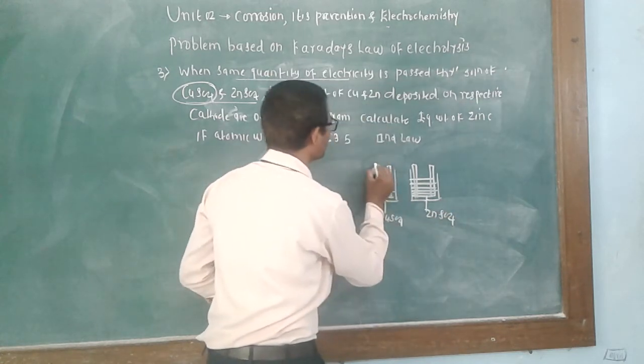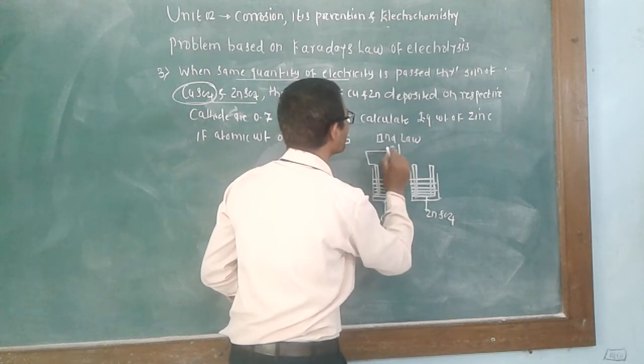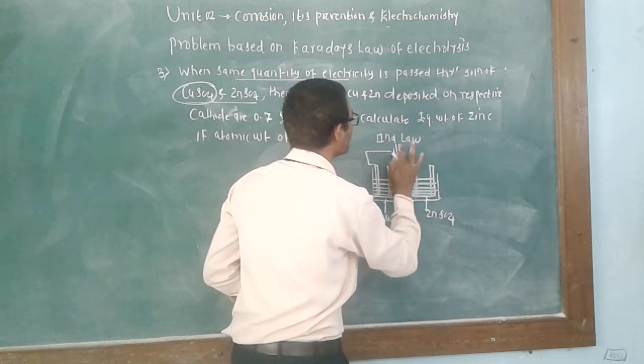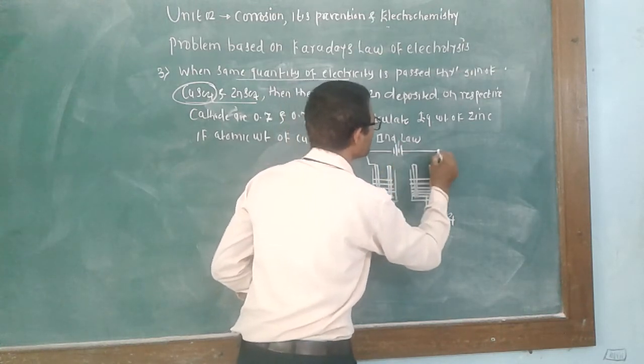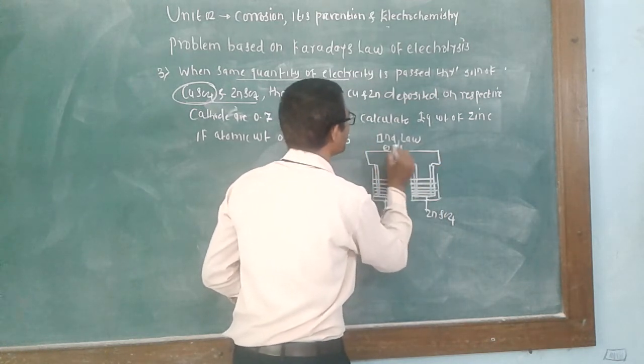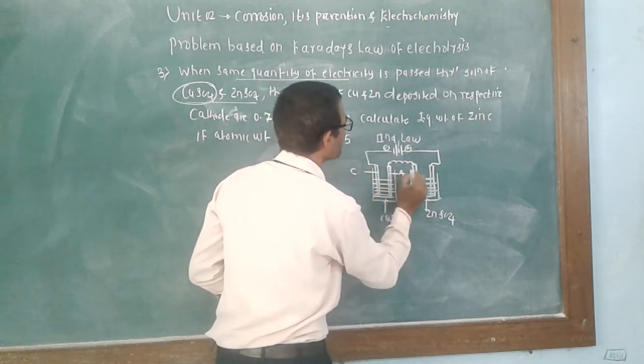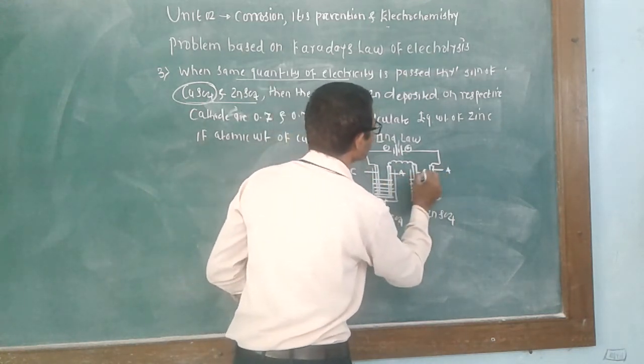Here this is connected to the battery like this, and this one is connected to the negative and positive. This becomes cathode, this becomes anode, this becomes cathode.